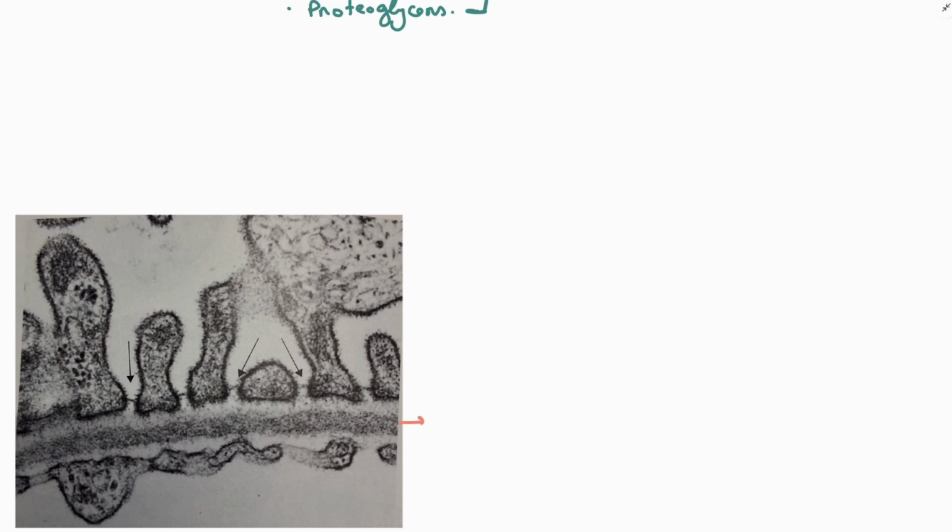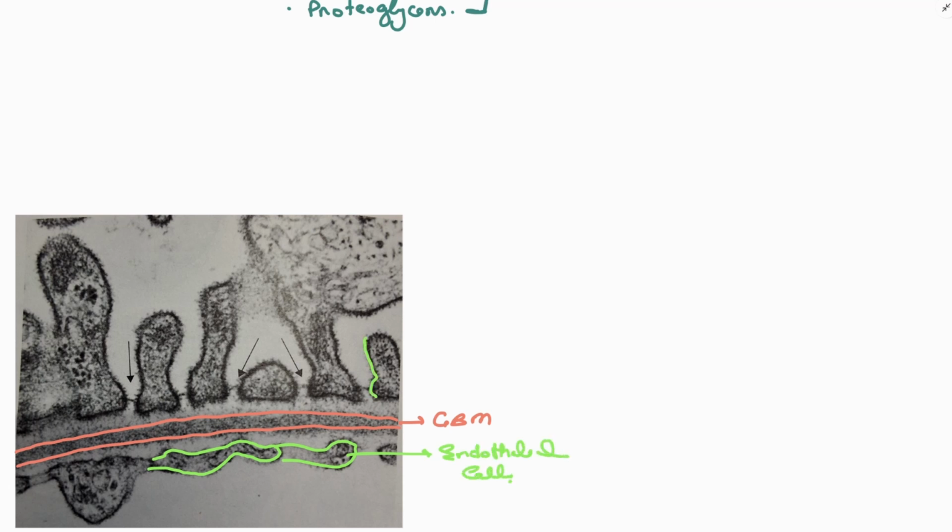So this is the image directly taken from Robbins. This structure is called the glomerular basement membrane. So these are endothelial cells. And these are nothing but the podocytes.